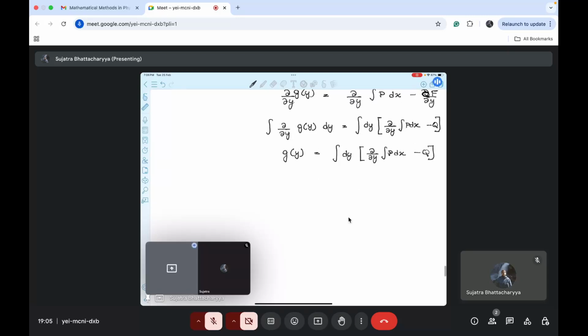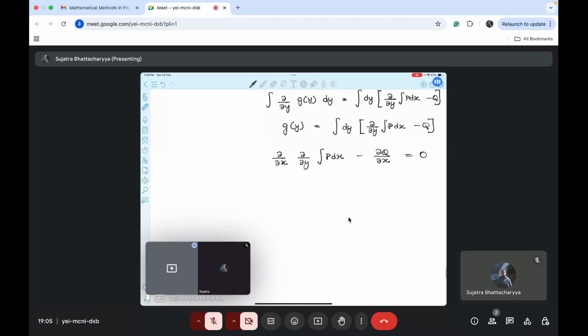Okay, so next thing what we do is that, now if I do delta delta x of delta delta y p dx, this becomes minus delta q by delta x, right, and this will equal to 0, and this gives you that your delta p by delta y minus delta q by delta x is equal to 0. From there you can also find out this one.